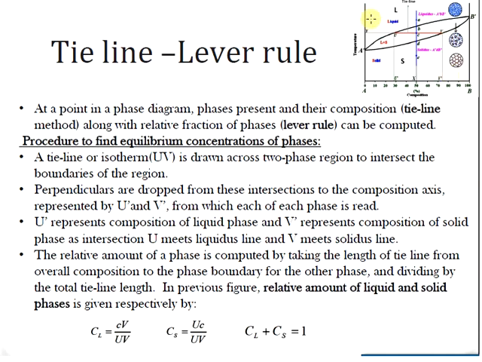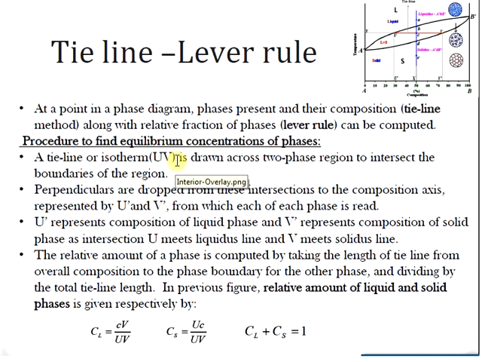At a point in the phase diagram, the phases present and their compositions along with the relative fraction of phases can be found out using this particular tie line based lever rule. So for that, we need to consider the procedure as we discussed here.